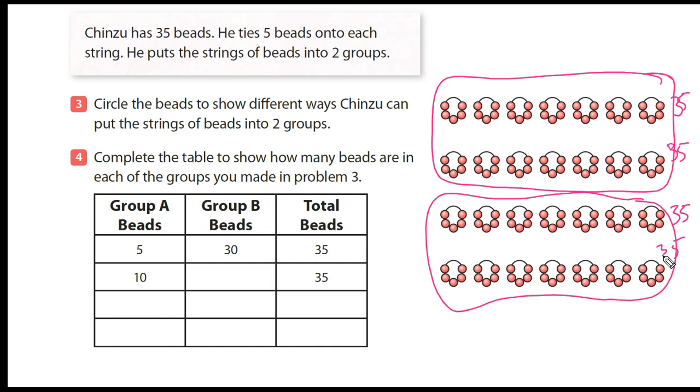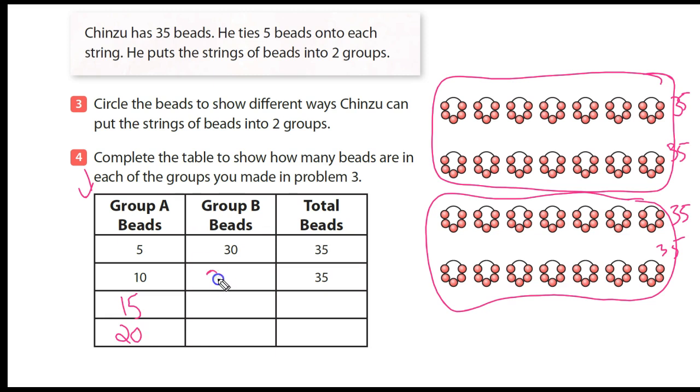Let's complete the table. So 5 plus 30 is 35. So look, I'm gonna go straight down. It looks like I'm adding each time by what? Well, here, the first column, by 5s, right? So it's 5, 10, 15, and then 20. So 10 plus what gives me 25?